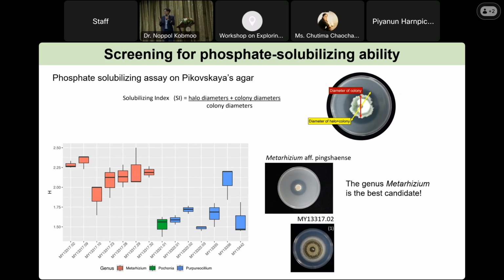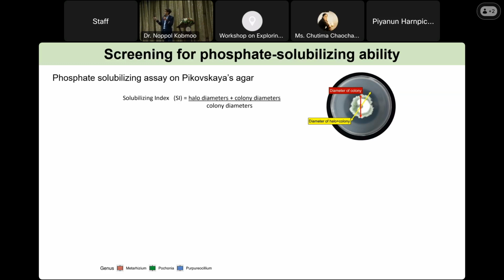We start by looking for strains that solubilize phosphate well, because the assays are not very complicated. You have a special media called Pikovskaya that you inoculate fungi on, and the phosphate solubilizing ability is measured as the fungi produce acids that solubilize calcium phosphate, which is the only source of phosphate in this media.